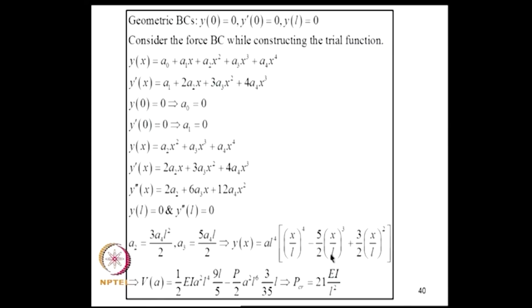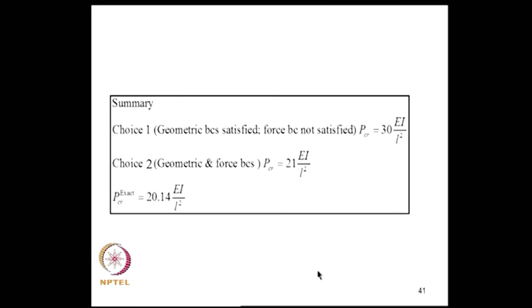Now, with this I get the potential V of A as shown here, and I use the two axioms and check the condition for the Hessian to be positive definite, and I get P critical to be 21 EI by L squared. So, the summary is, in the first choice I had a trial function which satisfies the geometric boundary condition, but the force boundary condition was not satisfied, and I got a P critical of 30 EI by L squared.